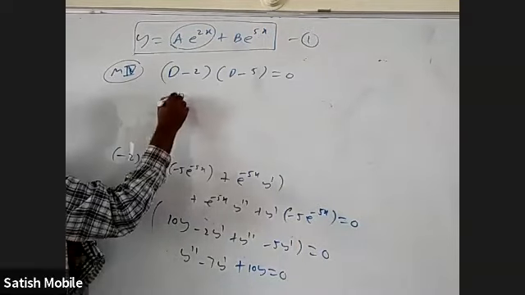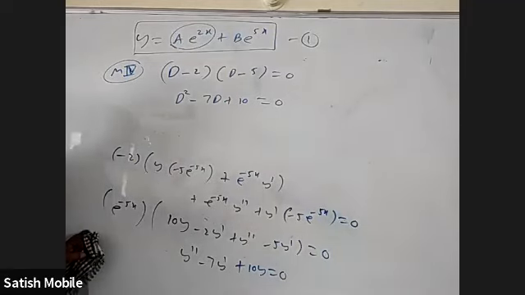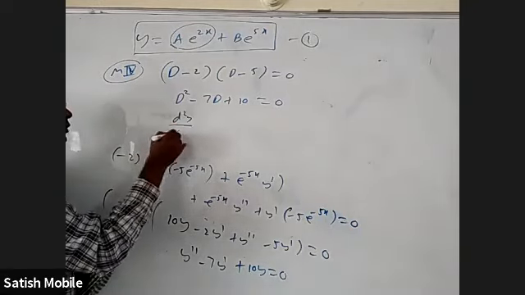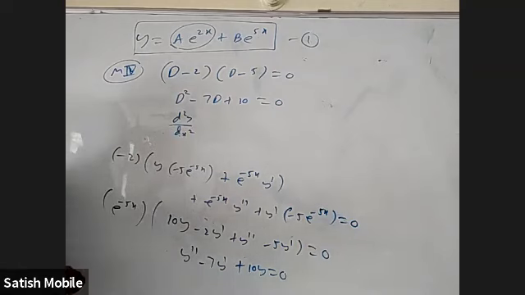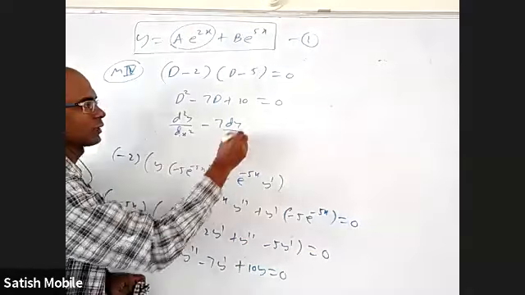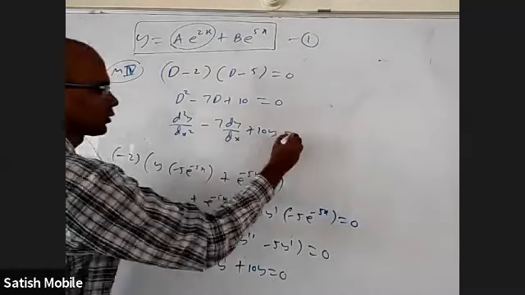Expand this: D square minus 7D plus 10 equal to 0. In the shortcut, D square means d square y by dx square. It is not dy by dx whole square, it is the second derivative. This means 7 dy by dx, and this constant means into y also will be there, equal to 0. We got the answer.